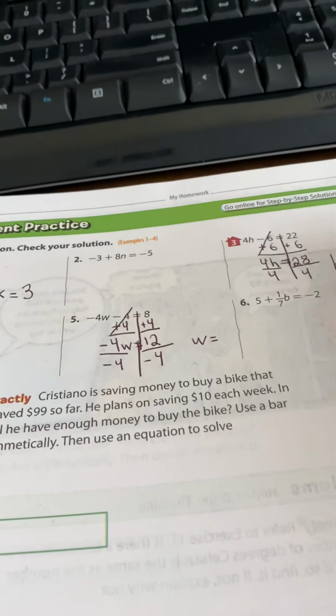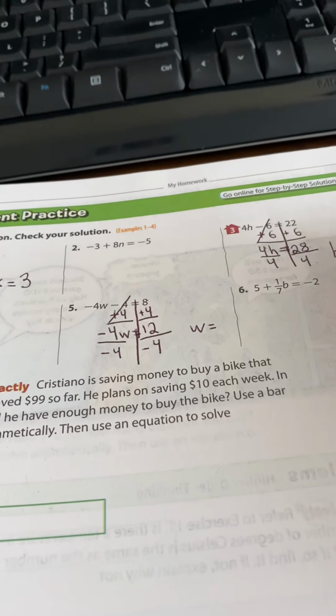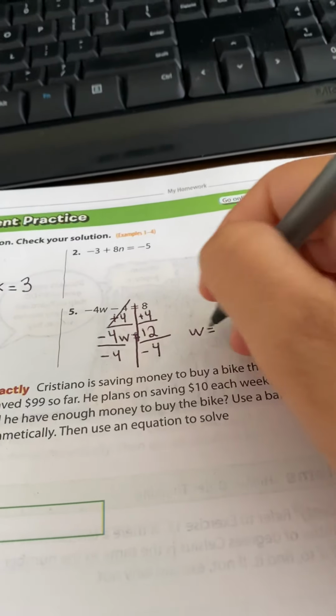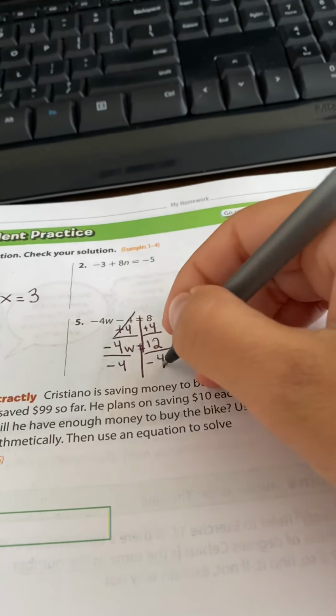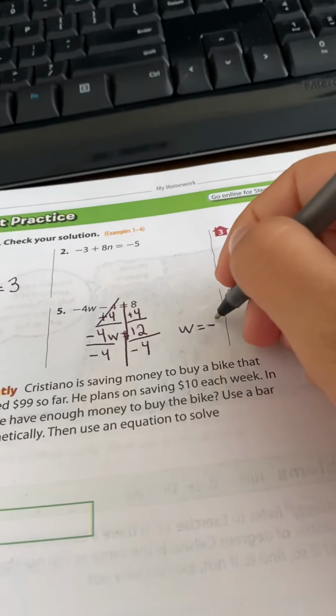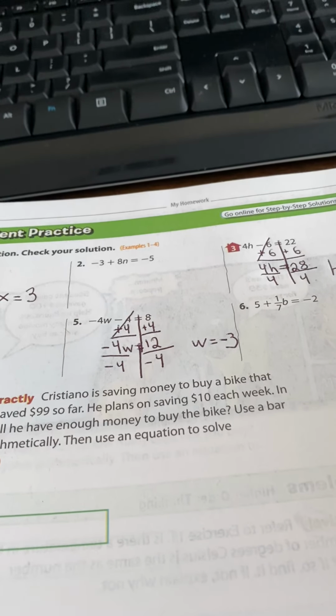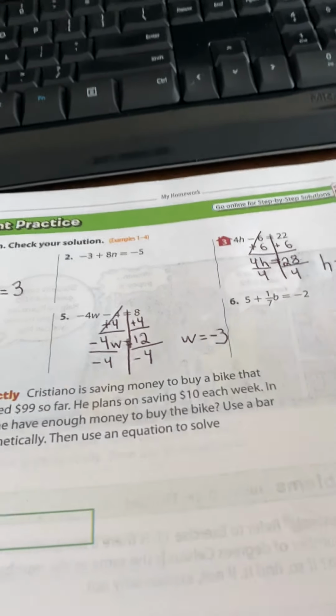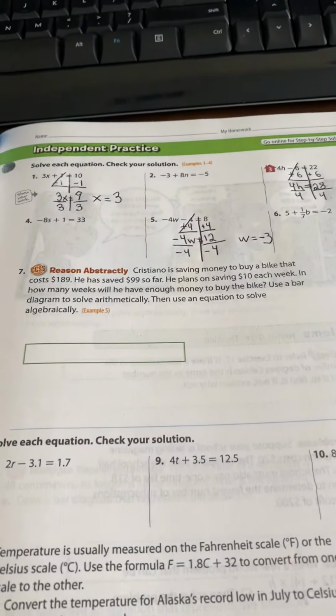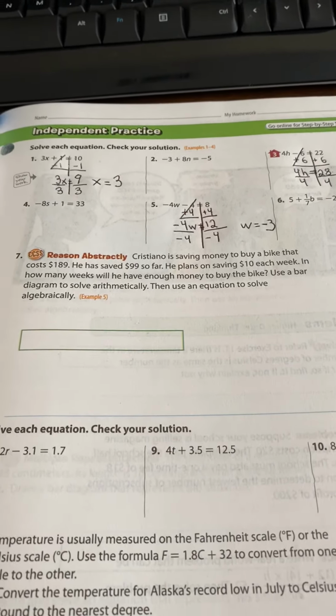Now, when we divide a positive by a negative, we get a negative. That's right. And 12 divided by 4 is 3. So W equals negative 3. Got it, guys?